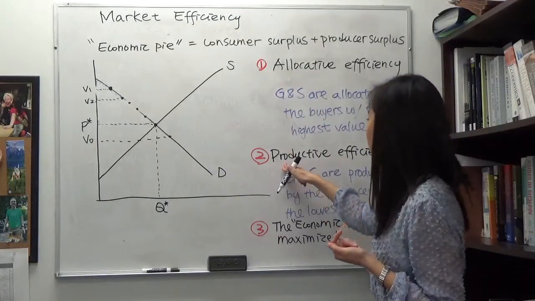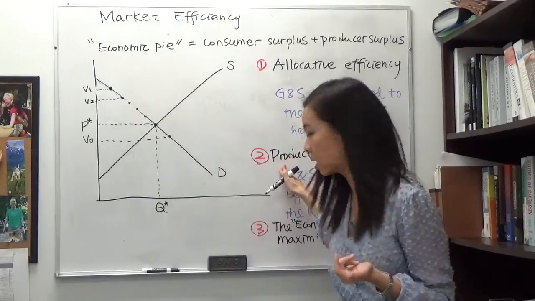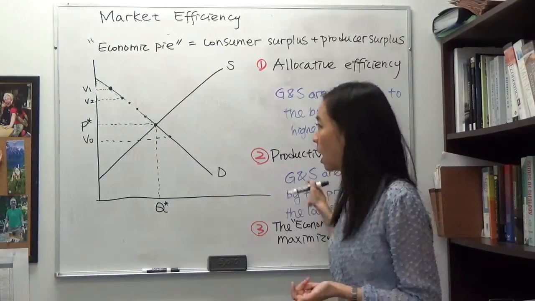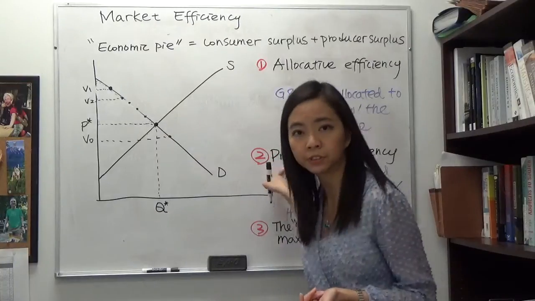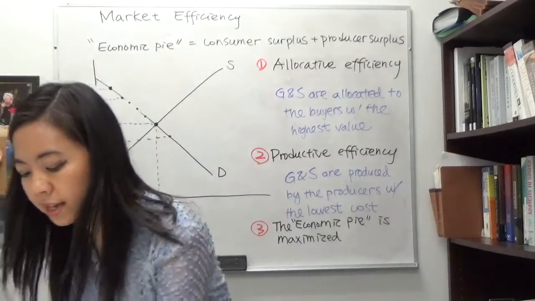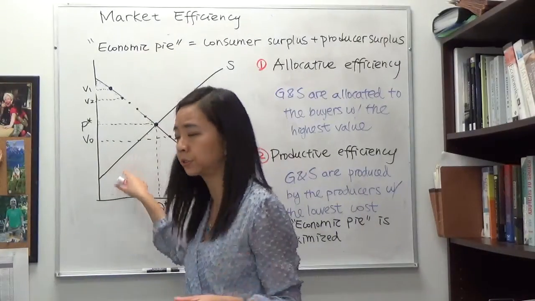And the second criterion is productive efficiency, meaning goods and services are produced by the producers with the lowest cost. How do I know the market outcome will achieve productive efficiency? Let's take a look at the cost. We know that the supply curve reflects the cost of production to the producers.